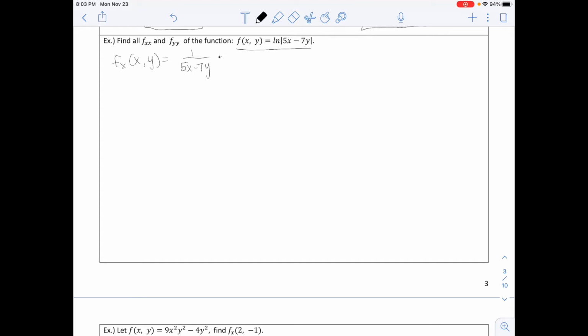And so taking the derivative of 5x minus 7y with respect to x, the derivative of 5x with respect to x is just 5. And then the derivative of 7y is just 0 because it has no x's in it. So this simplifies to being 5 over 5x minus 7y.